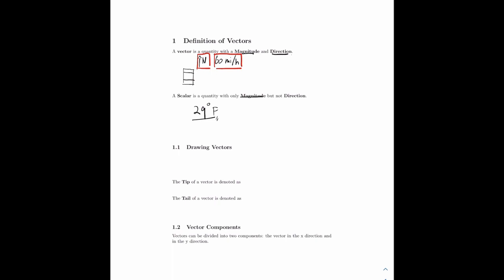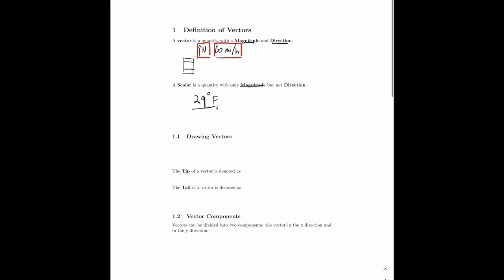Okay. Now let's talk about how to draw vectors. When we're drawing vectors, we normally have a straight line with an arrow. This arrow right here that you see is really important because it's going to change the vector fundamentally.